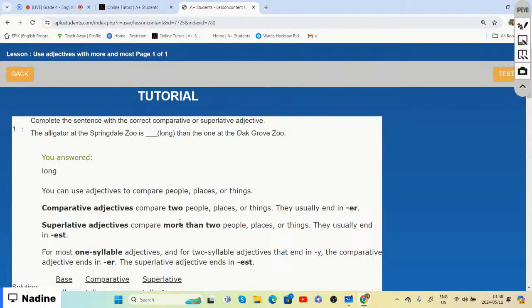But if we use a word like intelligent, intelligent has got more than one syllable. Then it means that we need to use either more or most in front of our word.